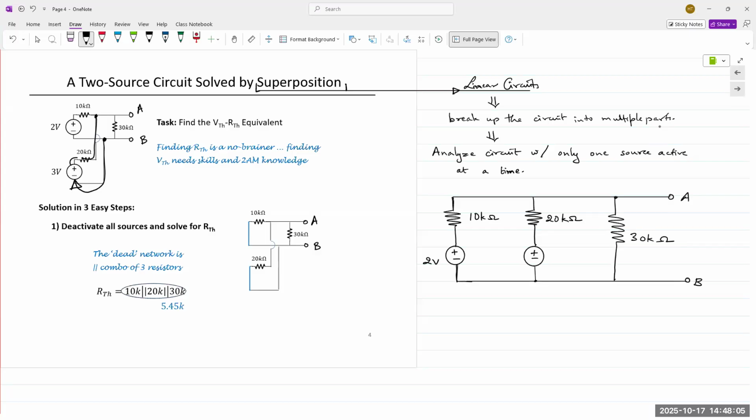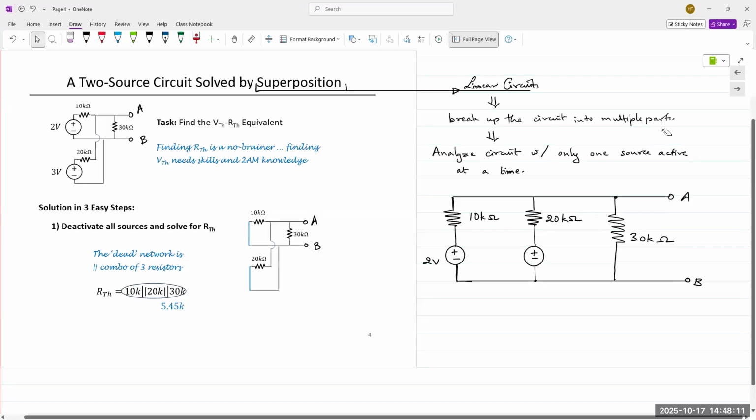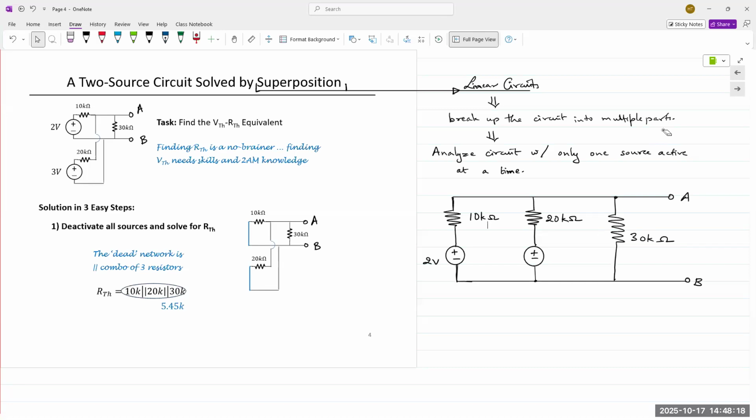Everything is in parallel. Just because a circuit is drawn in a different way doesn't mean the connections wouldn't make sense. We just have to keep redrawing until it starts making sense to us.